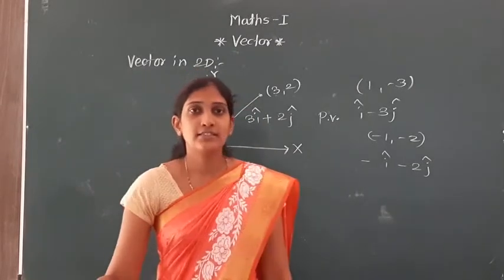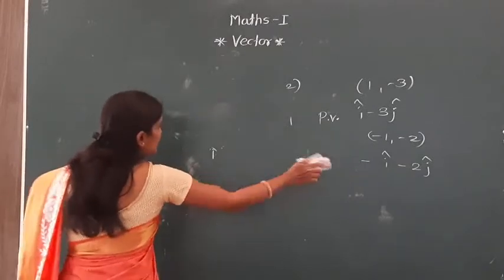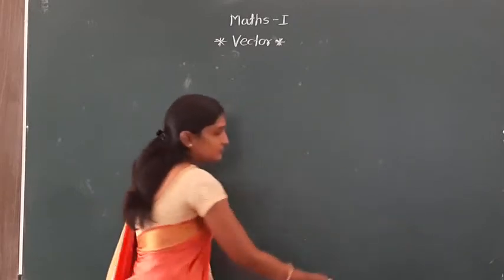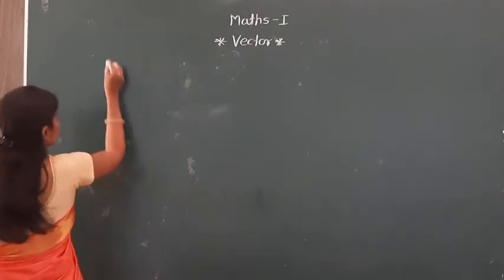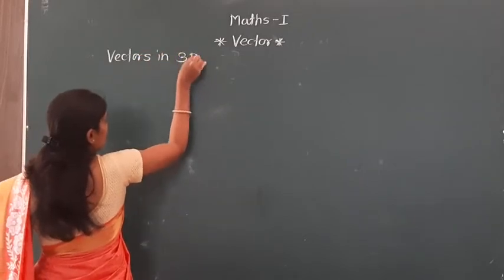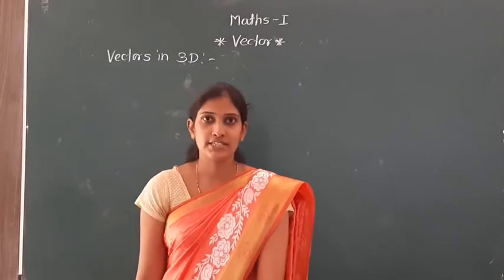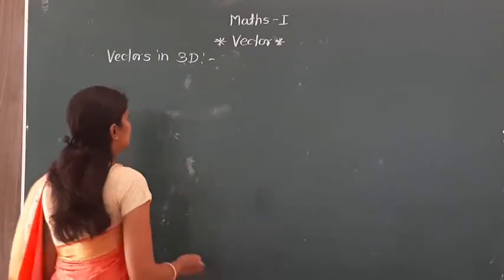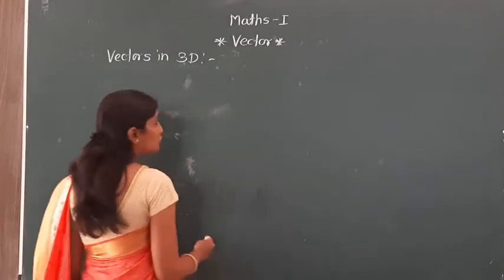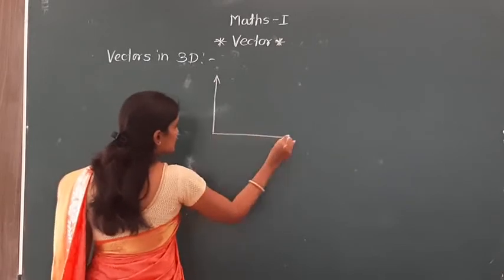Then what are the vectors in three dimensions? Now, vectors in the three-dimensional system. How do we write the coordinates in a three-dimensional system?